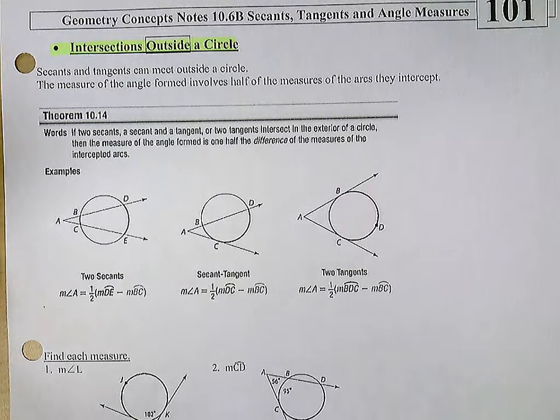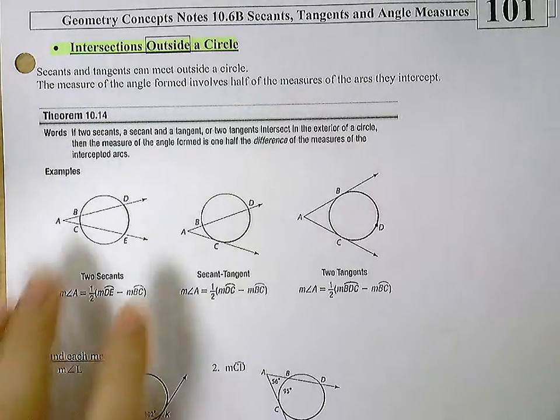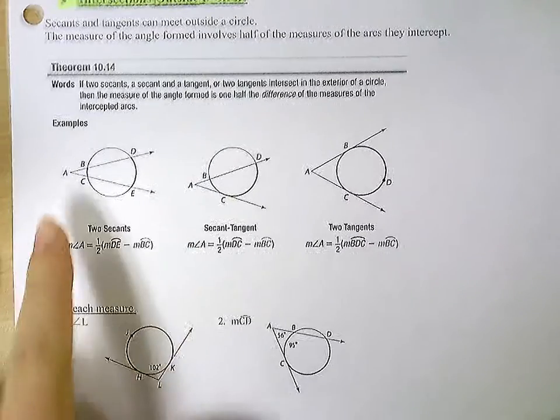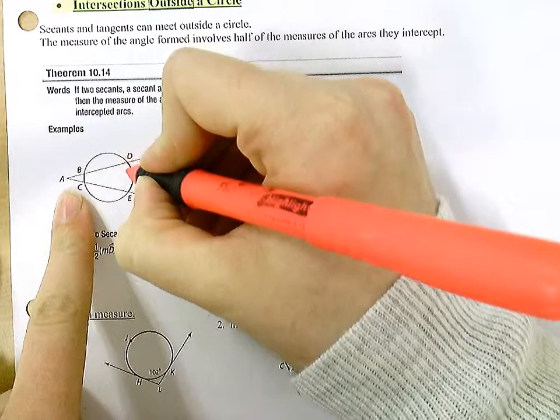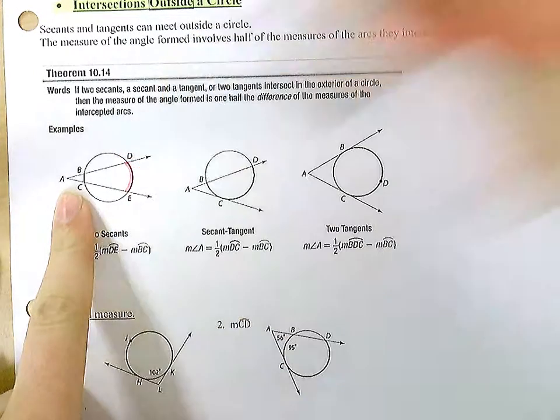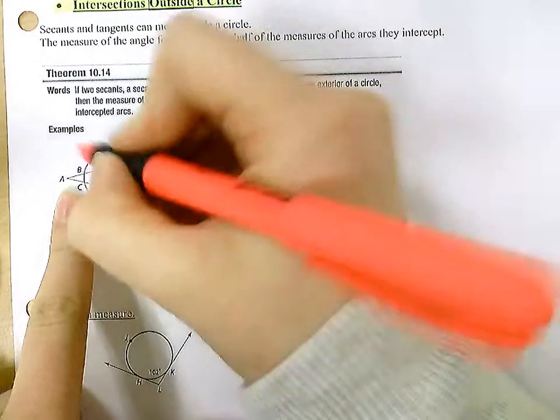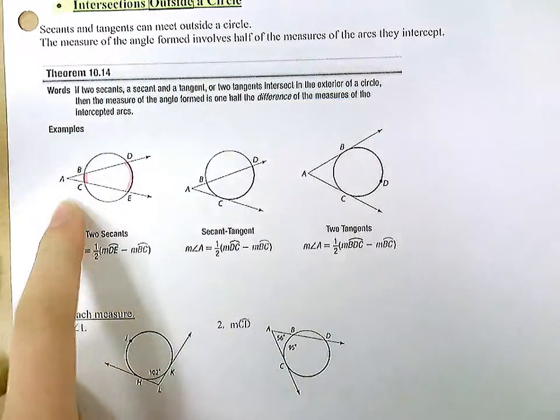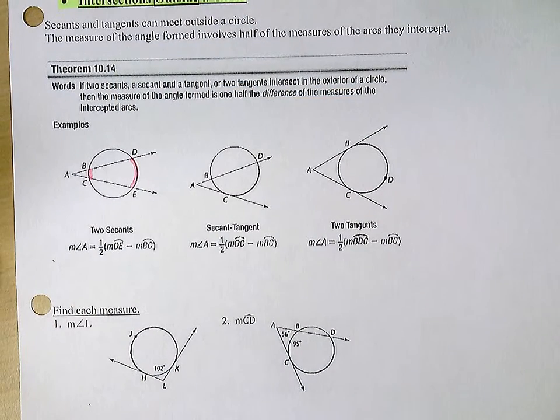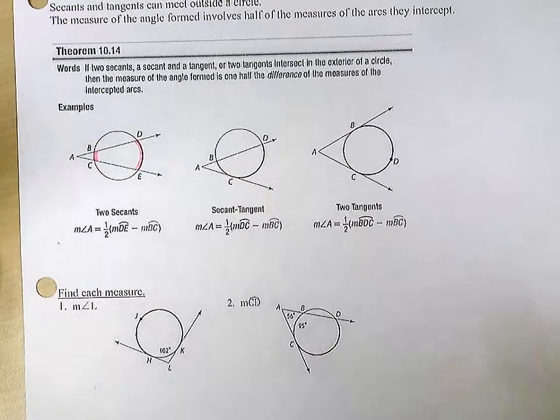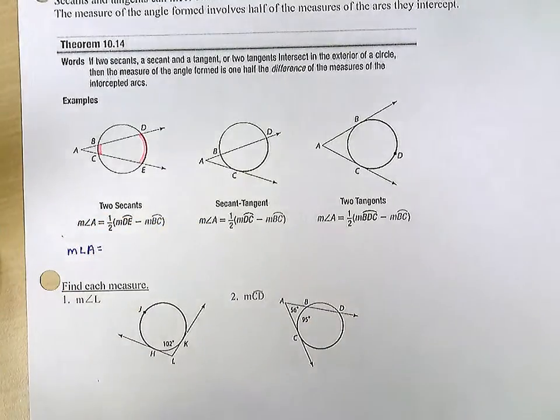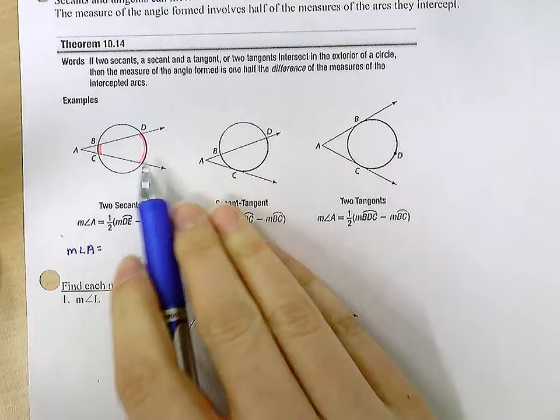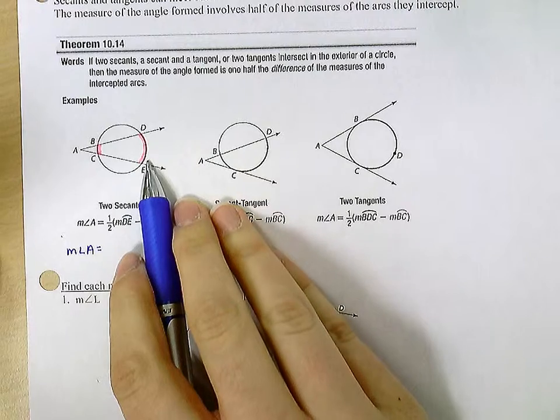Okay, so with this first one, in my examples here, to find angle A, I would take these arcs intercepted here, so arc DE and BC, and I would subtract them and divide by 2. Okay, so I would have the measure of angle A. I would take the larger arc intercepted.